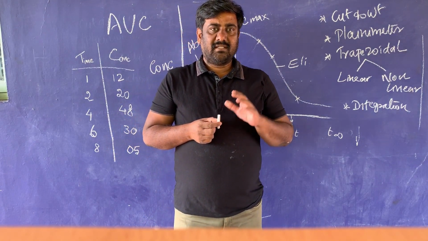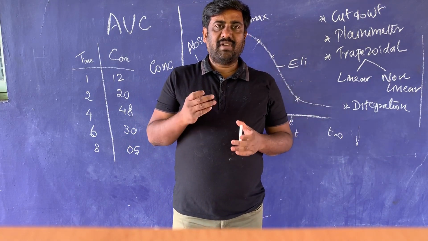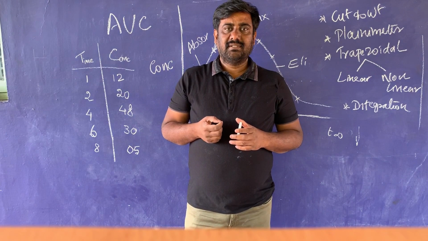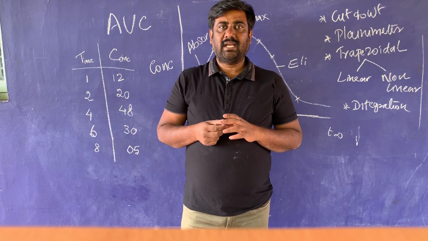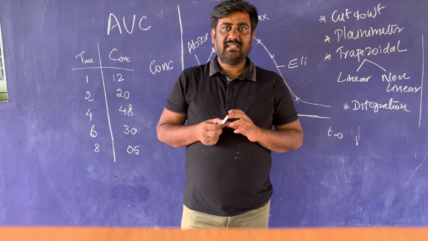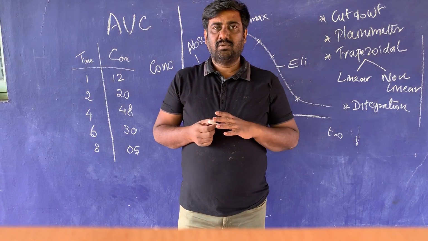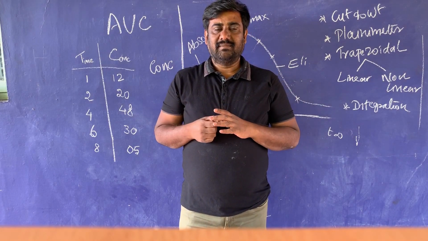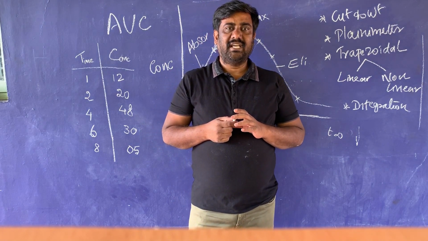After doing that preliminary experiment, we are able to correlate all those values in the graph. Based on those values and the graph, we can calculate the area under curve. So the area under curve is equal to more or less bioavailable. So how to determine AUC?